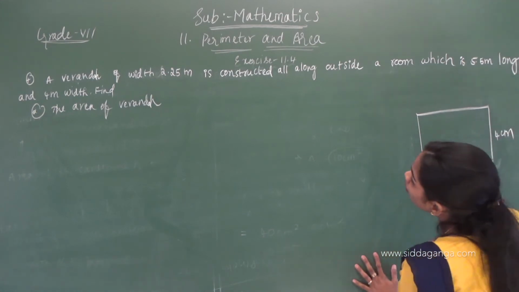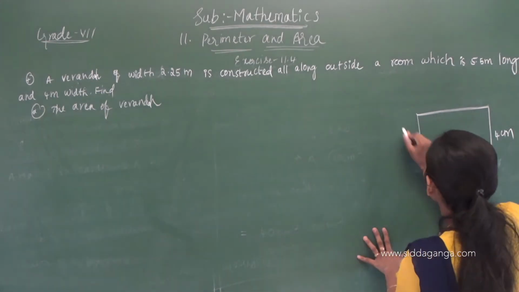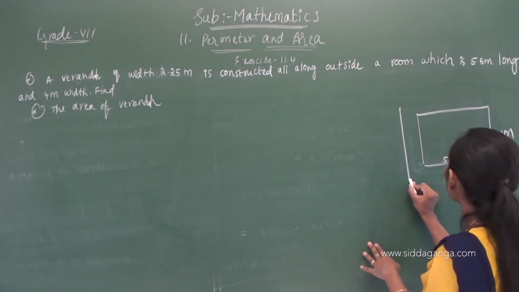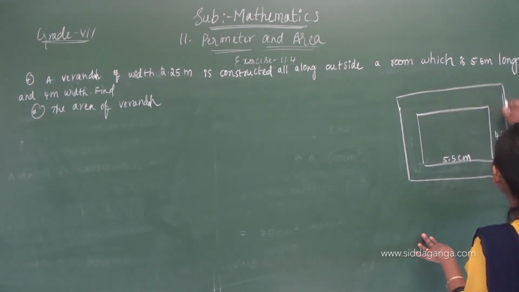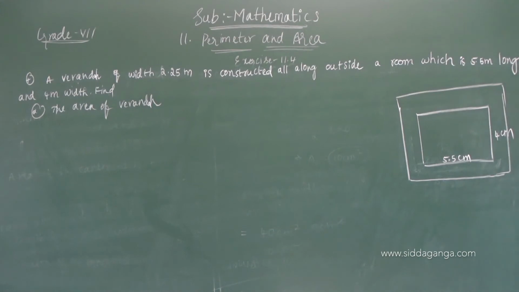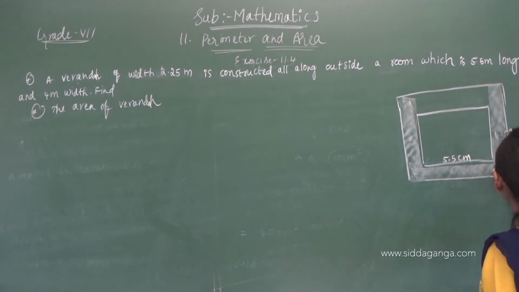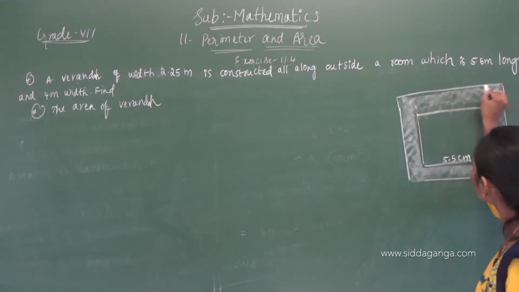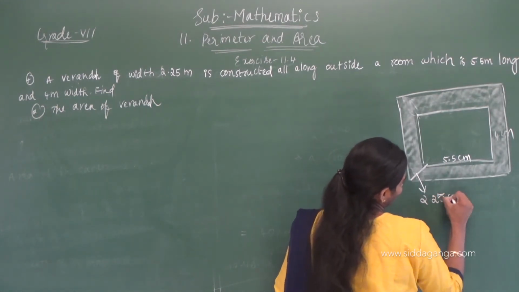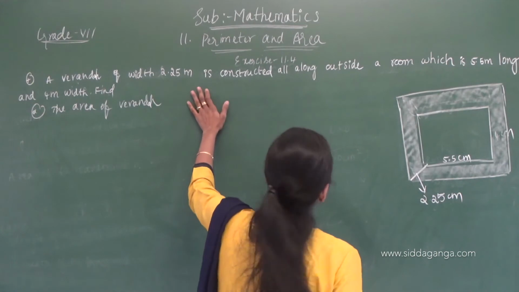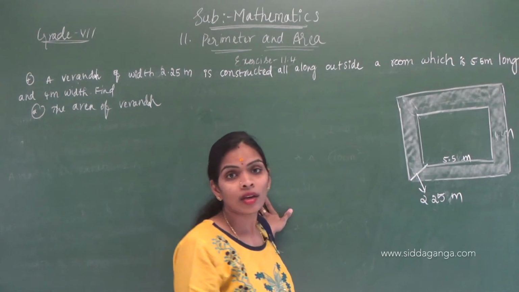The veranda is constructed around that rectangular room with a width of 2.25 meters.